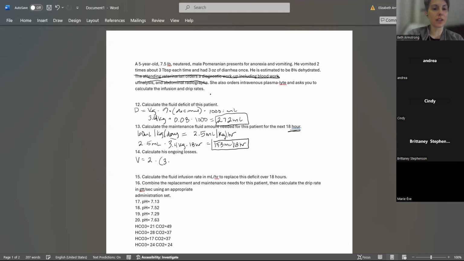So 3 times, how many mils are in 1 tablespoon? 15. Good. So 15 mLs per tablespoon. Okay. So now we just put all these together. So 3 times 15 is what?